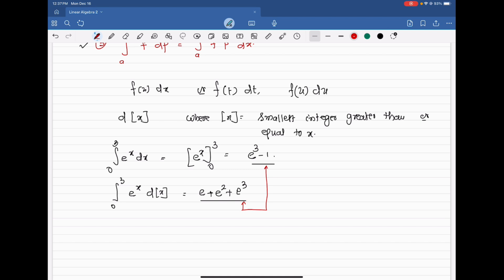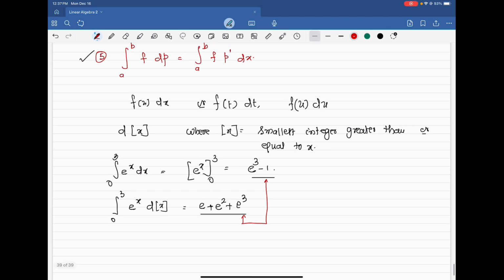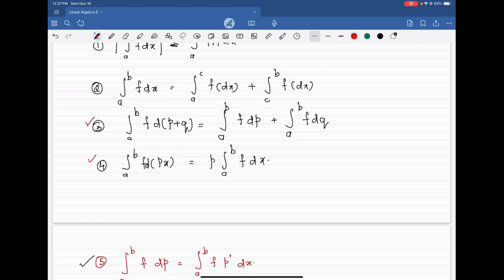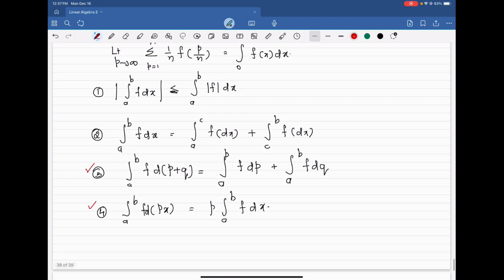Why is the difference there? We'll discuss. If you see, I have given a property. Integral a to b, third property, have a glance. Integral a to b function d of p plus q is equal to integral a to b function dp plus integral a to b function dq.